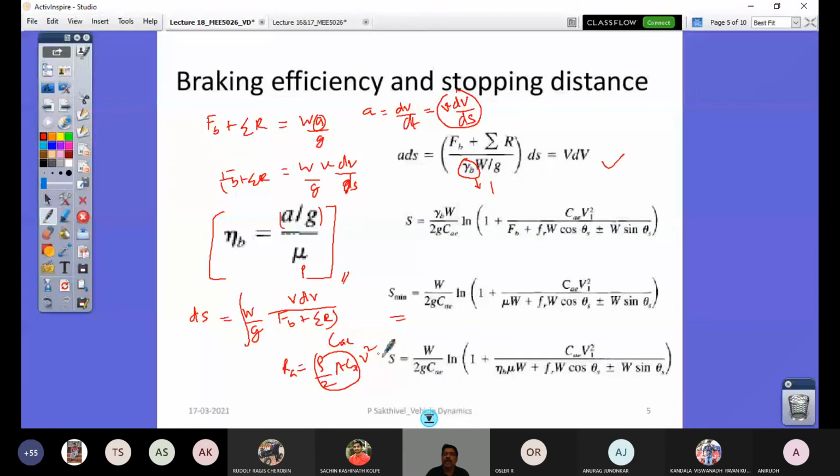So that is there in the denominator. See, these resistances are explicitly put. So FB plus rolling resistance plus grade resistance, right? So you have this rolling resistance plus this.